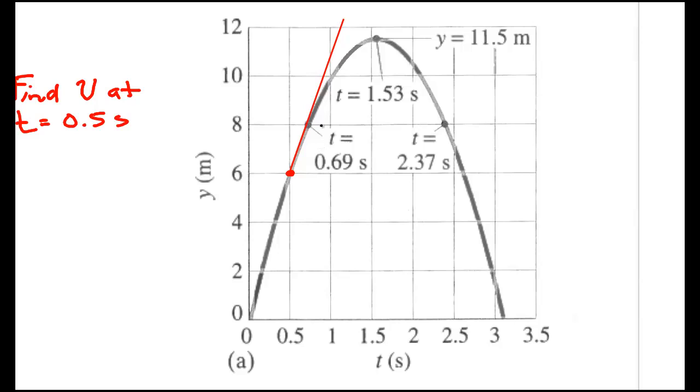And if we look at that line, we need to figure out what its slope is. So we need the slope of the tangent line. Alright, so to find that slope, let's go ahead and see if we can find a nice place. It looks like it crosses right about there. So it goes up about that high. And then it went over this far.